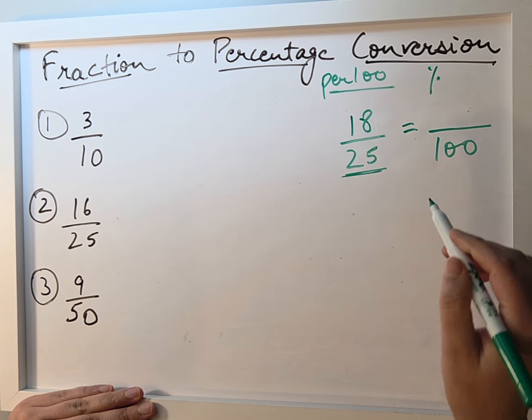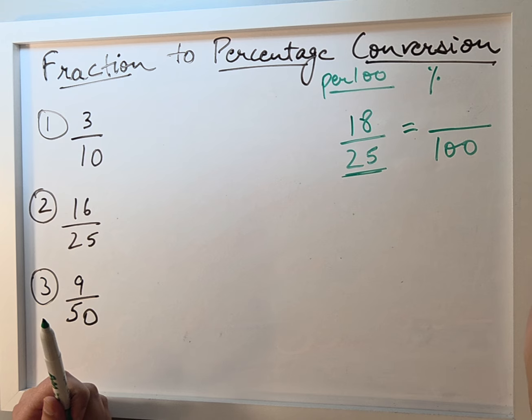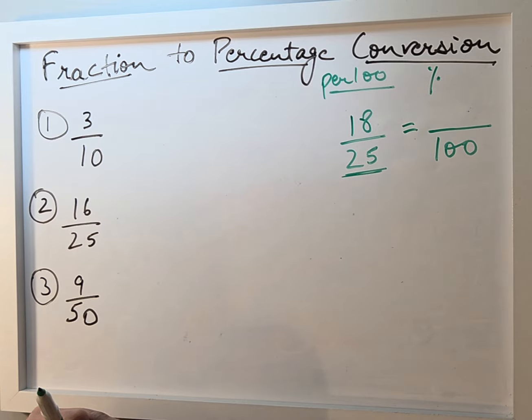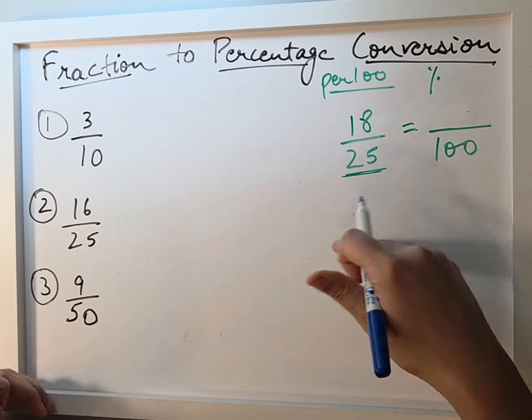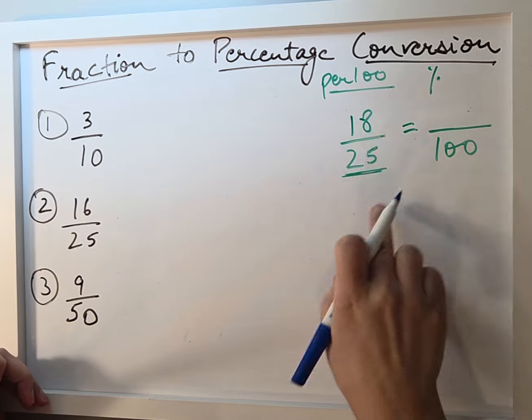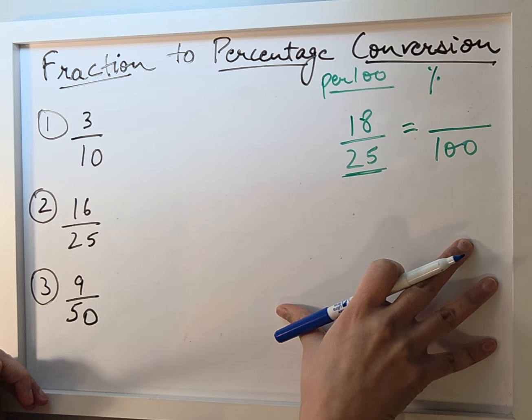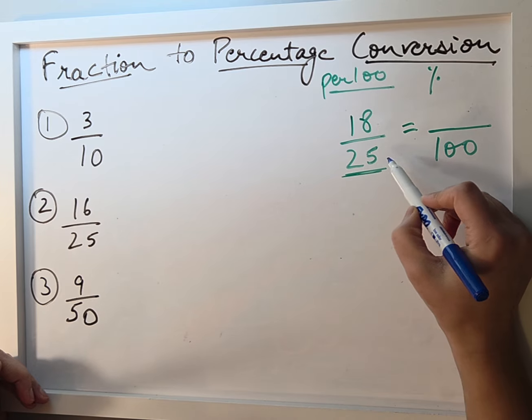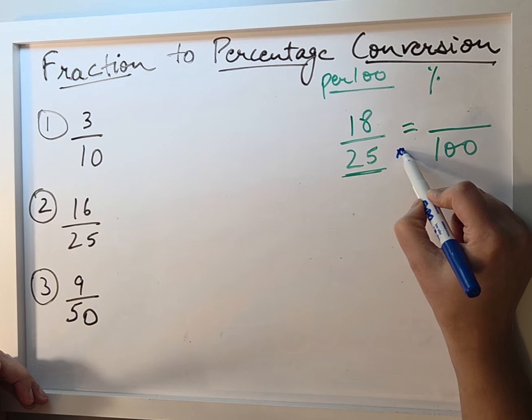So how do we do that? What have we learned? Whenever we are doing something to the denominator or numerator, we have to do it to the other value as well, so that we are not changing the question. How do we make 25 into 100? We multiply it by 4.